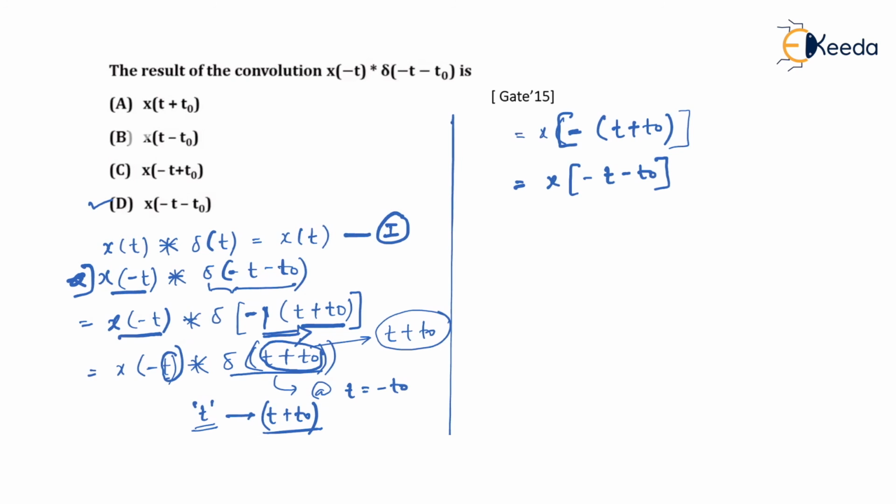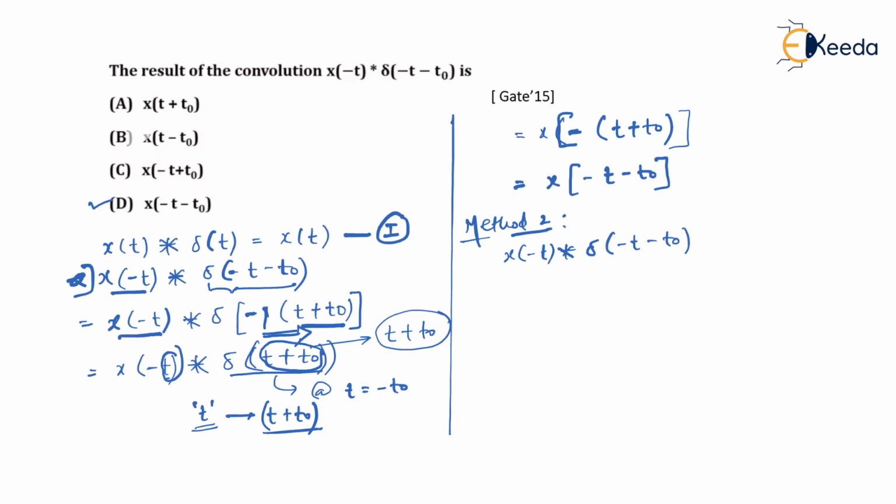I can tell you another method also. See method 2. I guess with method 2 you would be more comfortable. So what we had is x of minus t convolved with del of minus t minus t naught. I'm sure now you must be getting confused with this negative sign. So you can do one thing. These are just variables, right?